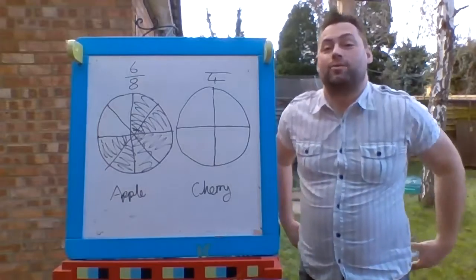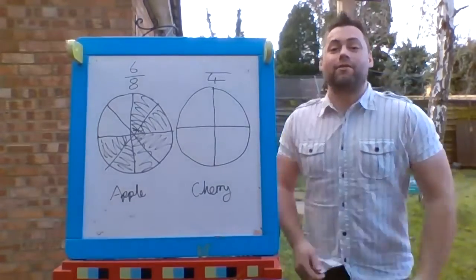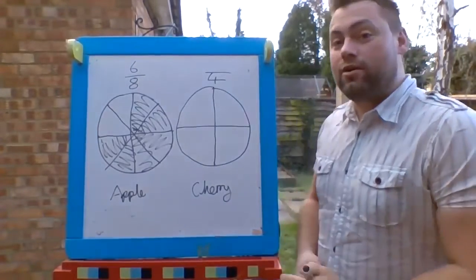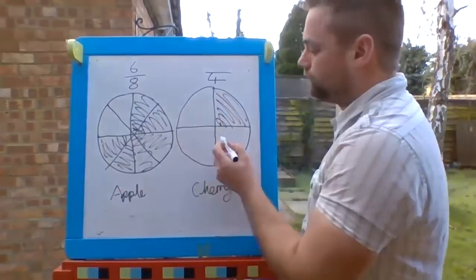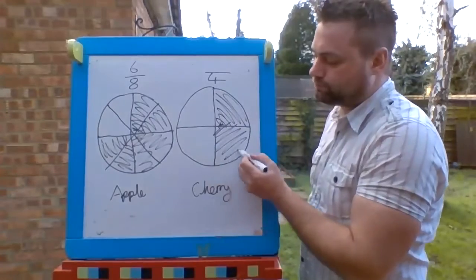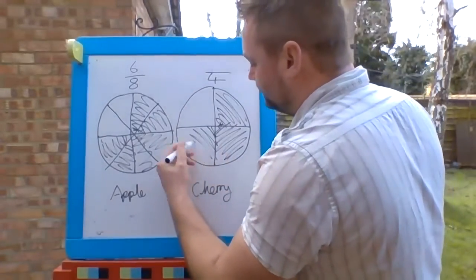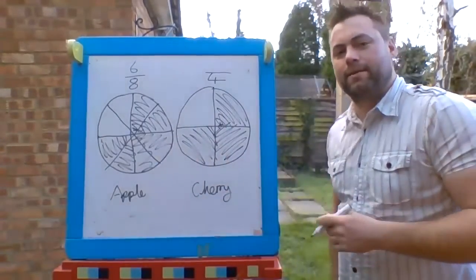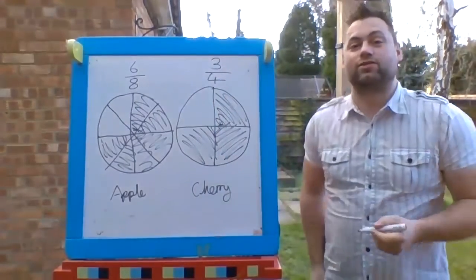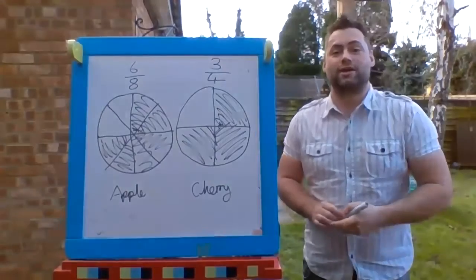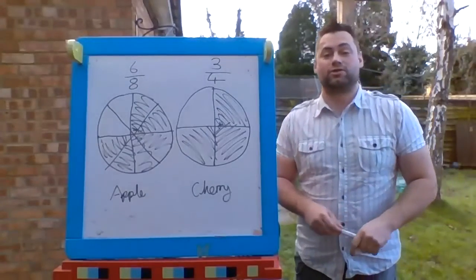The next day, I feel a bit peckish, and I'm going to have some of the cherry pie instead. So I start eating my slices, and I eat 1, 2, 3. Yum, yum, yum. So I've eaten 3 slices. So now my numerator over here is 3. I've eaten 3 slices of cherry pie out of a total of 4 slices.